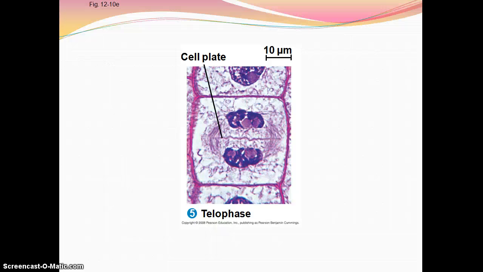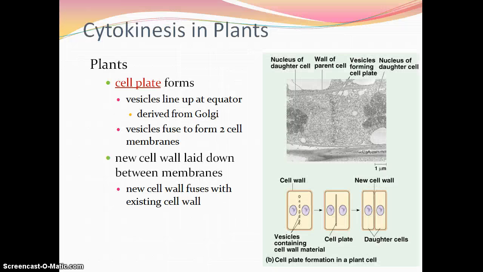So this tells us, not only does the shape of the cell tell us that this is not an animal cell, because we actually can see a cell wall, we can tell that this is a plant cell. So in cytokinesis, one of the differences that we're going to see is that a cell plate forms during that telophase.